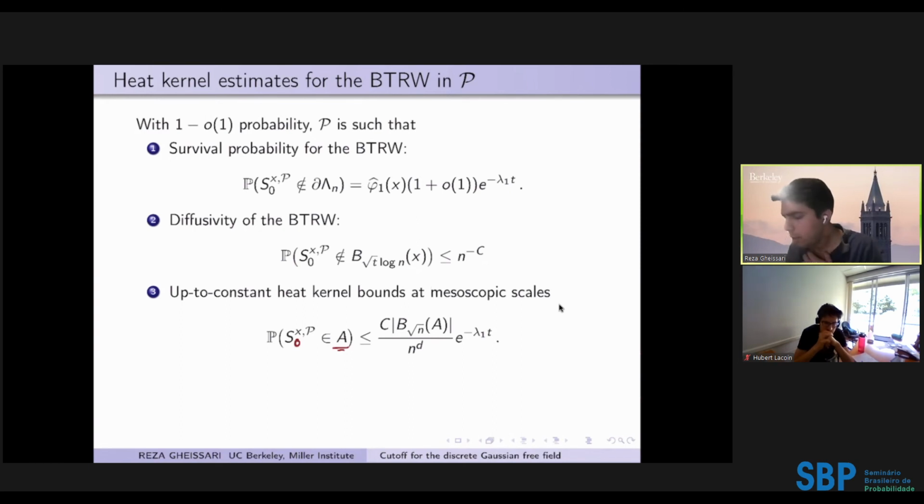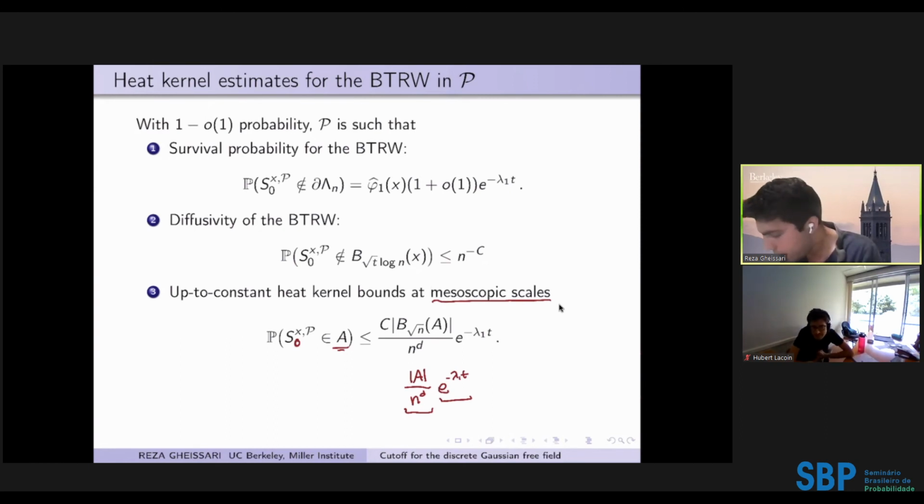So for us, what we look at are mesoscopic scales. Whereas for the simple random walk, what you would hope for here is the size of A over n to the d, times e to the minus lambda 1 t. So this is the probability of even surviving for that time, and then this is saying you're pretty mixed. So it's just the relative volume of the set to the whole space. Okay, we pay this factor.